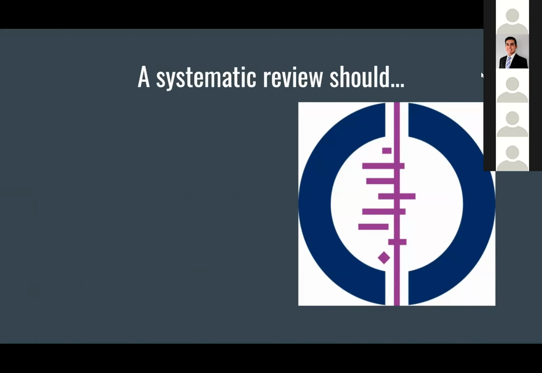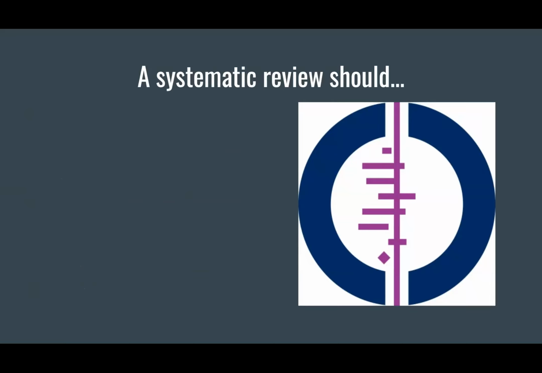To start, this little logo on the right is the logo for the Cochrane Collaboration. They wrote a manual that's the gold standard for systematic reviews. It's very helpful. I'll try to link it afterwards, but a lot of the processes that we're following are based off of their recommendations.